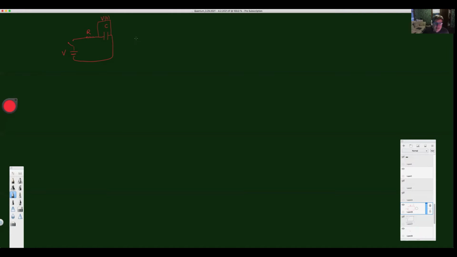Okay, so let's see what the equation is that tells us. Now, I'm not going to derive everything here. This is something hopefully you've seen in class, but our equation that tells us what the voltage across the capacitor is going to be, give me a second, I'm going to write it down here in a different color. Okay, so our voltage equation is this.